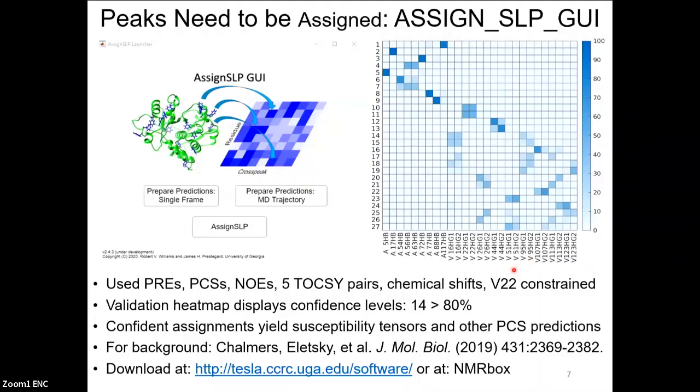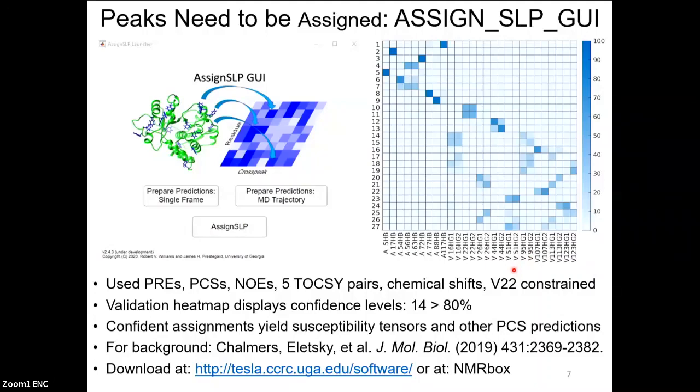So there's a module within this, which we call a validation module, that goes in and does Monte Carlo sampling within error estimates for all the experimental data and reproduces this search. And then the statistics of those results are analyzed to give confidence levels.